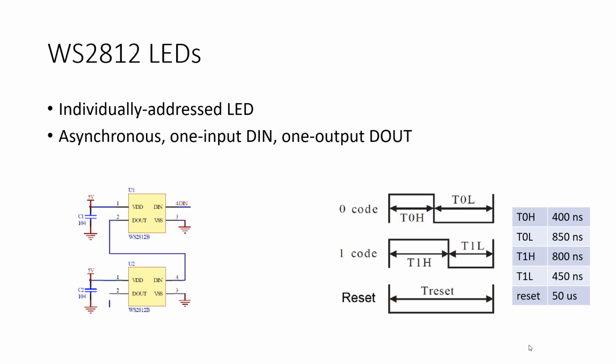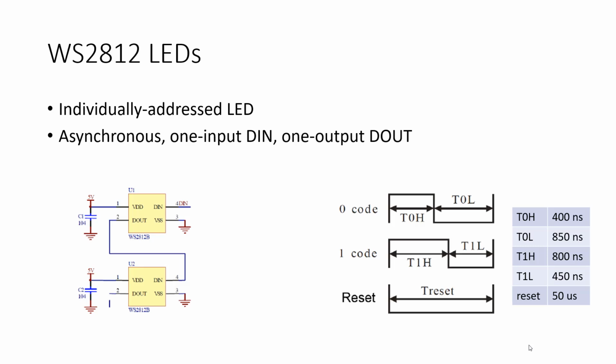Time 0s are the two times to send a 0, time 1 are the two times to send a 1. And then you have high and low. So time 0 high and time 0 low are the high time and the low time in order to convey a 0 bit. Make sense? And likewise, time 1 high and time 1 low are the high and low times to send a 1 bit, right? So those are listed here in the table.